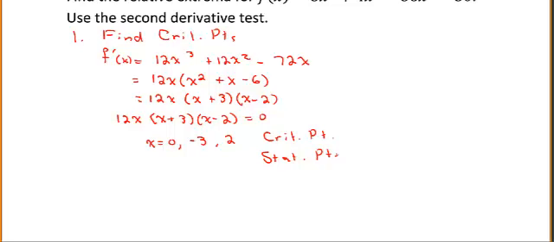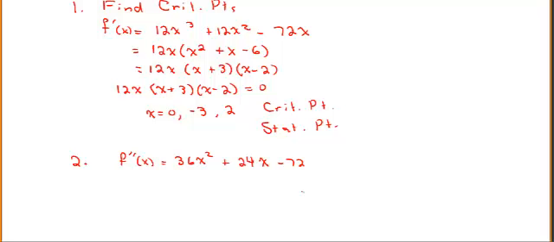Now the question is, these are critical points, but do they locate relative extrema? To find out, let's take a look at the second derivative. The second derivative is going to be 36x squared plus 24x minus 72.